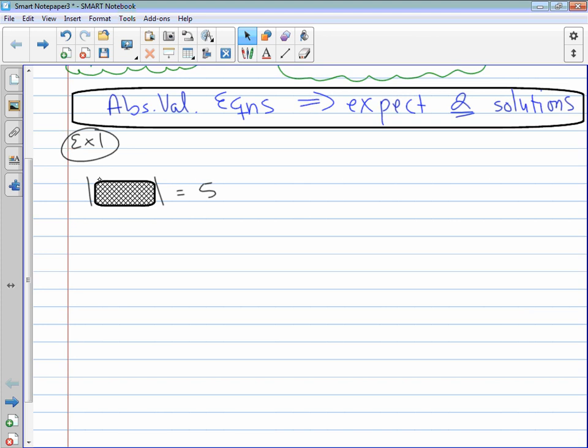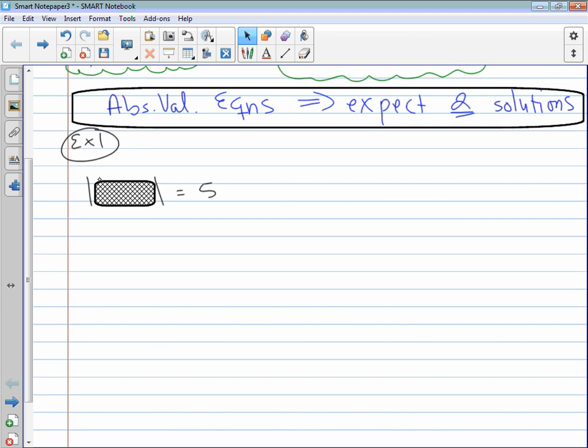We know that whatever is behind that mystery symbol, let's call it a wall, I don't know. Whatever is behind this block could equal one of two things. It could either equal 5, or it could equal -5.